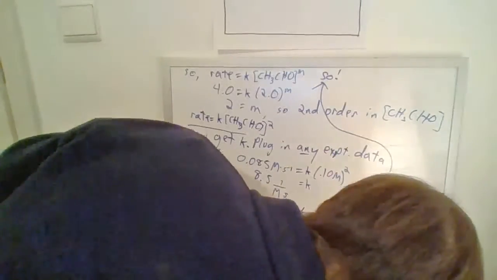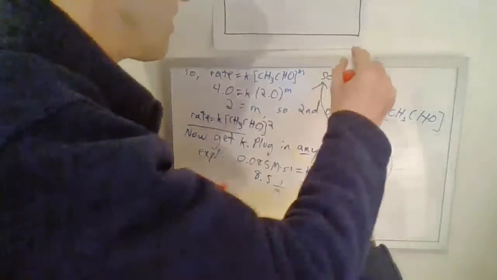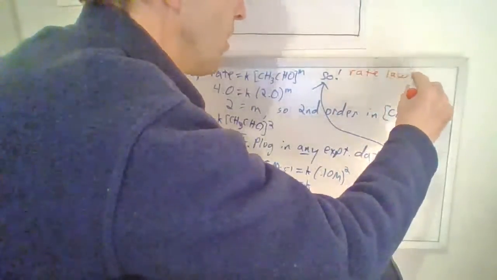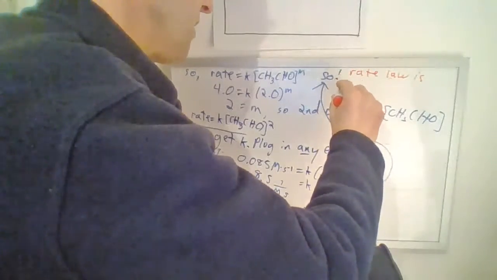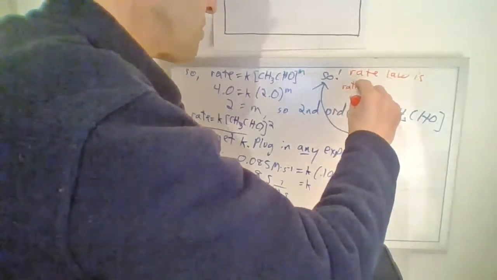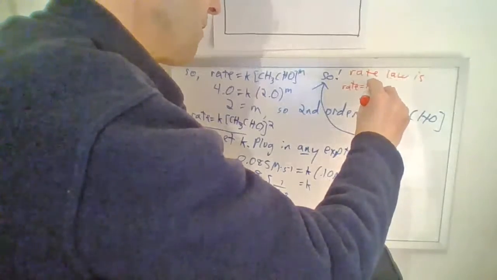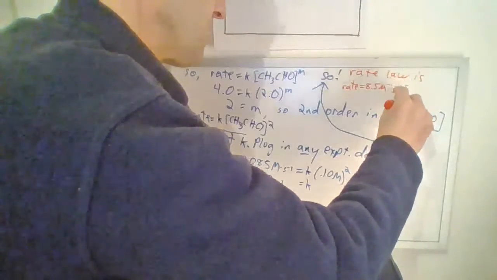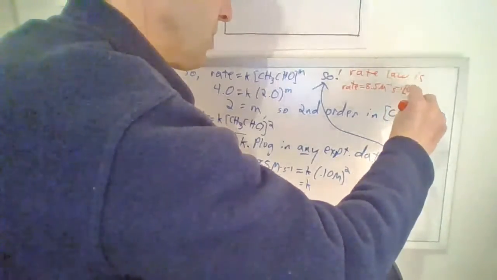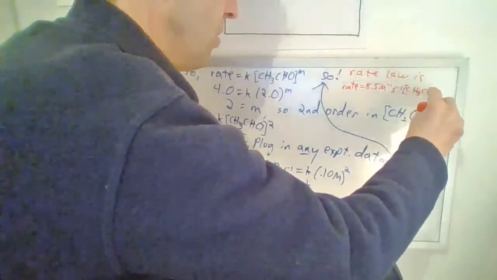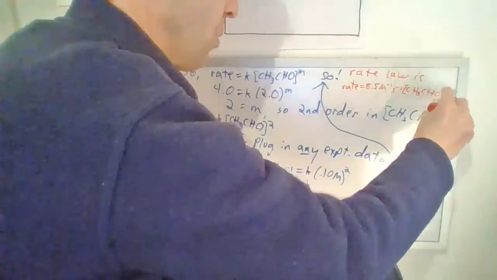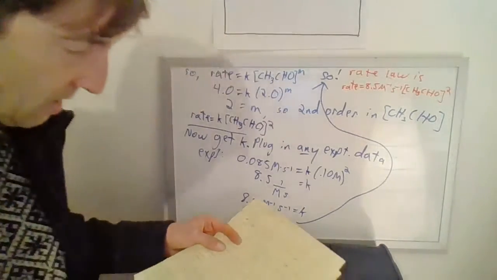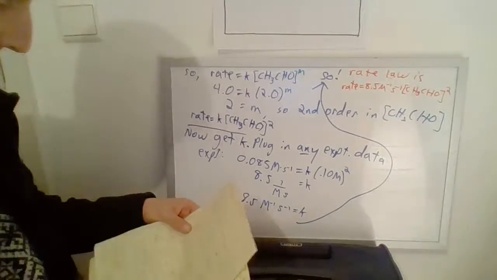If I want the complete rate law, it is rate equals 8.5 moles per liter to the -1 seconds -1 times concentration of CH3CHO to the second power. Voila. Whew. Okay. Good.